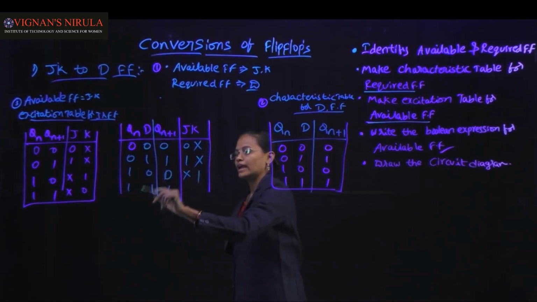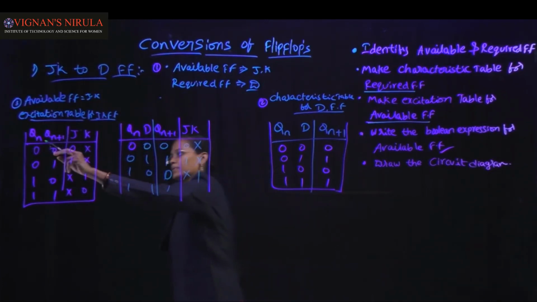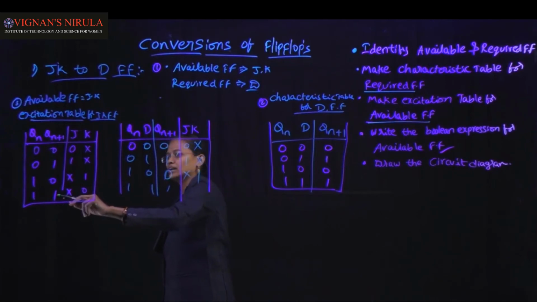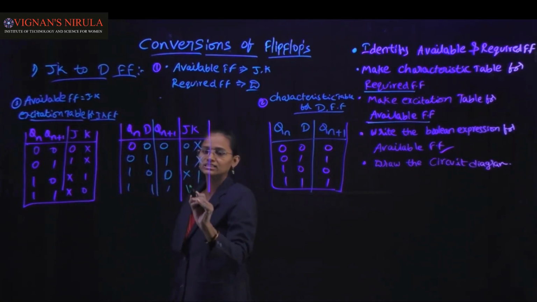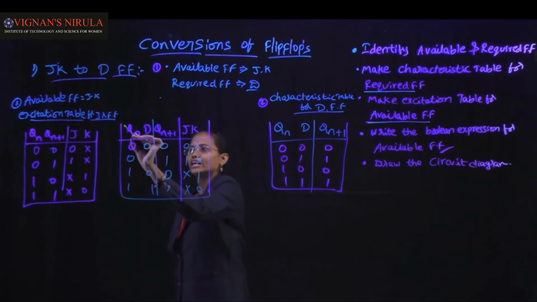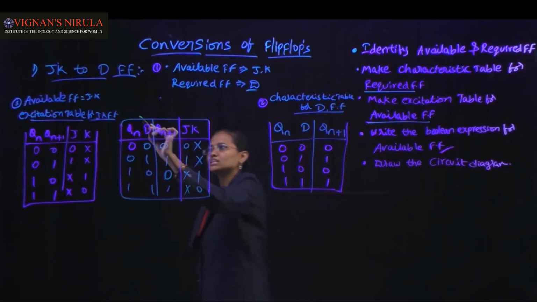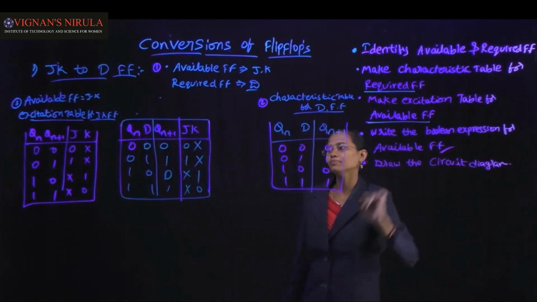And next present state is 1 and next state is 1. In that J is X, K is 0. This is the excitation table for available flip-flop. This is the third step. And next, write the Boolean expression for available flip-flop.